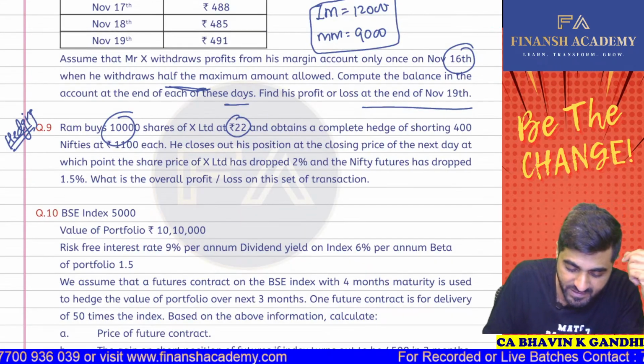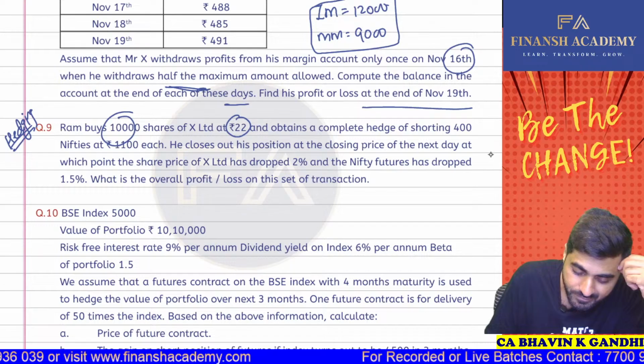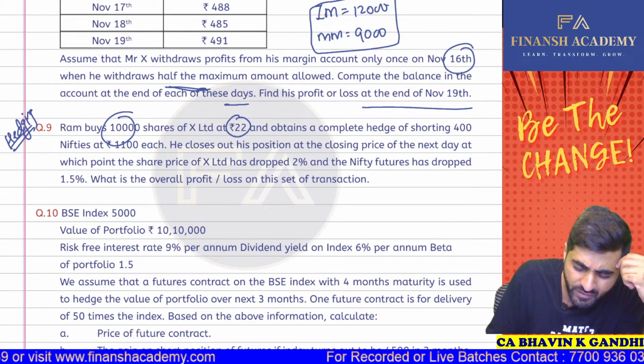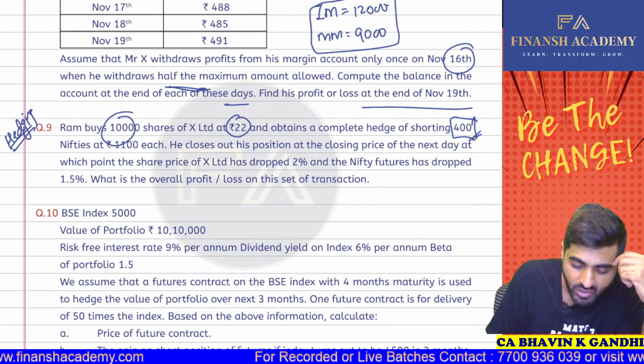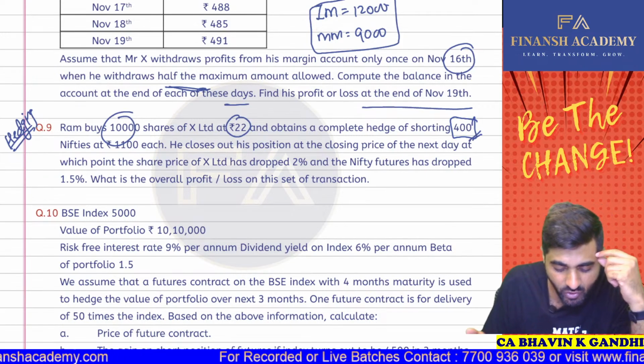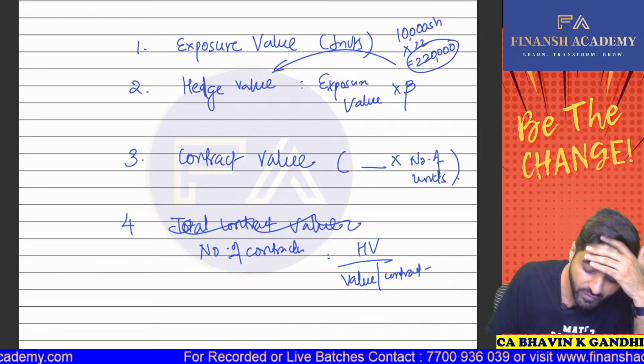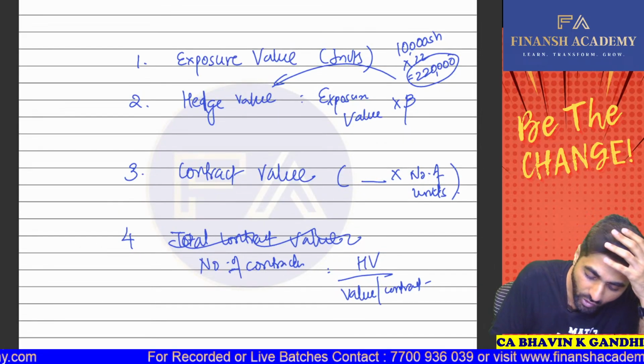What is the beta of the security? Now, there is no need for any beta here because they have given you the number of Nifties which we are shorting. So there are 400 Nifties which we are shorting at rupees 1100 each. So we already have the contract value.